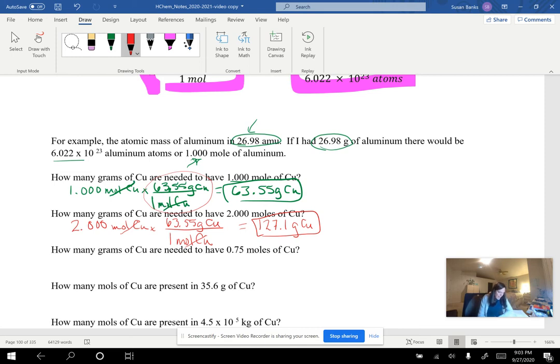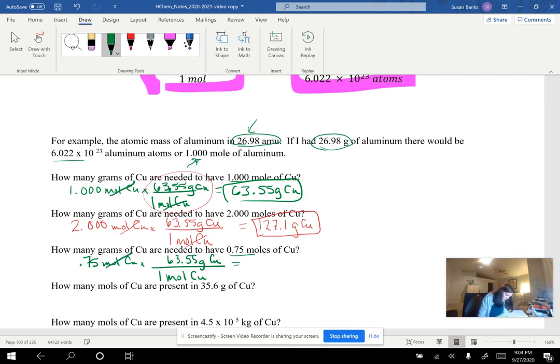Okay. How many grams of copper are needed to have 0.75 moles? We're still going to use that same conversion. So I'm going to start with the number that I know, 0.75 moles of copper. I want my moles to cancel, so I'm going to put it on the bottom. 1 mole of copper is 63.55 grams of copper. Now remember, we're getting that relationship once again from the periodic table.